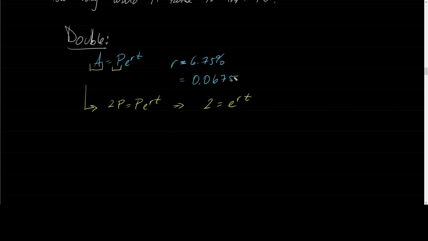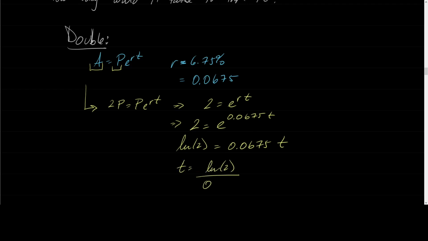We know what r is, so if I plug in r, I end up with 2 is equal to e to the 0.0675t. Taking ln of both sides, I get ln of 2 is equal to 0.0675t.